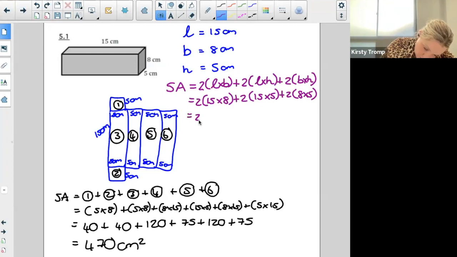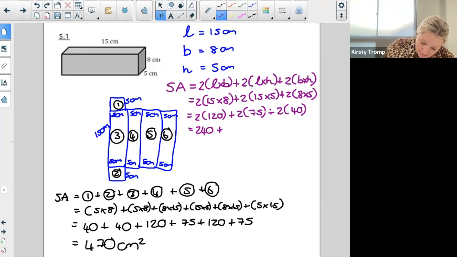Equals 2 open brackets. 15 times by 8 was 120 plus 15 times by 5 was 75. 8 times by 5 was 40. 2 times by 120 is 240. 2 times by 75 is 150. 2 times by 40 is 80.